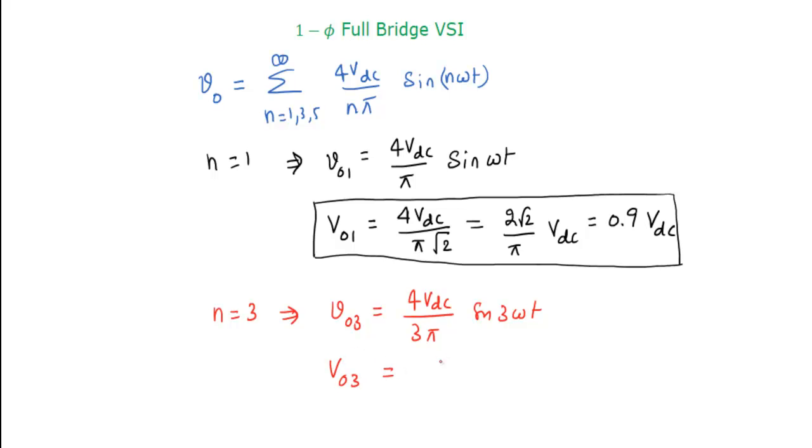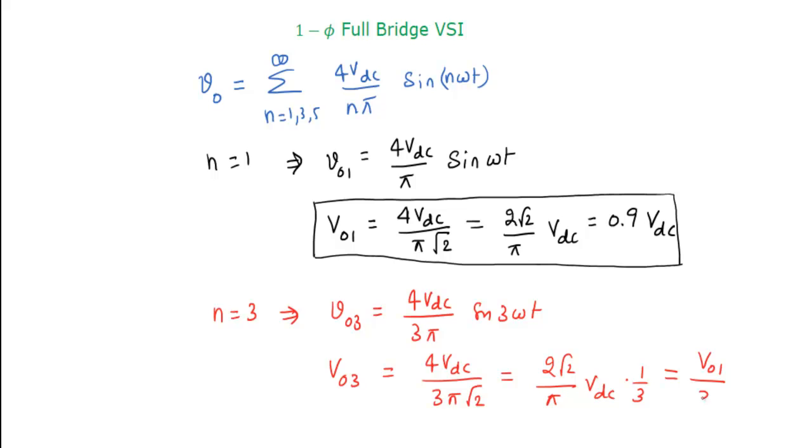RMS value is the maximum value, the entire thing, 4 VDC by 3 pi, whole divided by root 2. Again root 2 comes in the denominator, and root 2 cancels 2 root 2 times here. So 2 root 2 by pi into VDC, and this is again the same as V01, except here the 3 remains, that means 1 by 3.